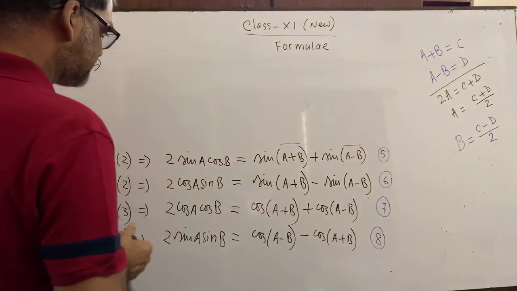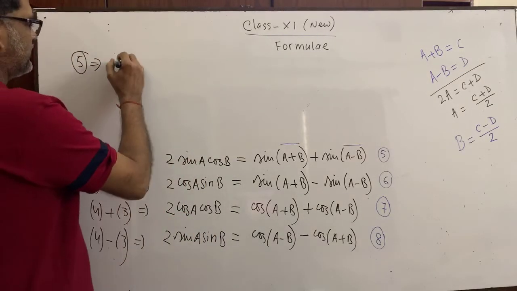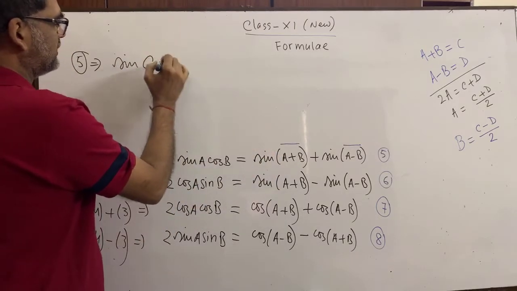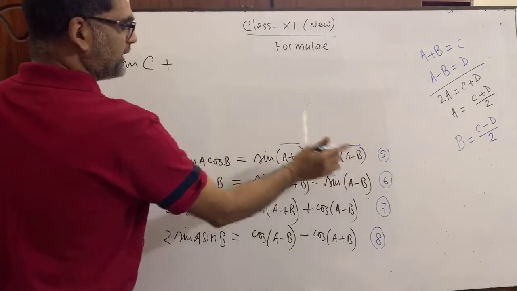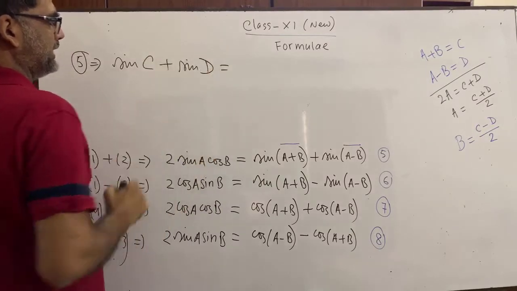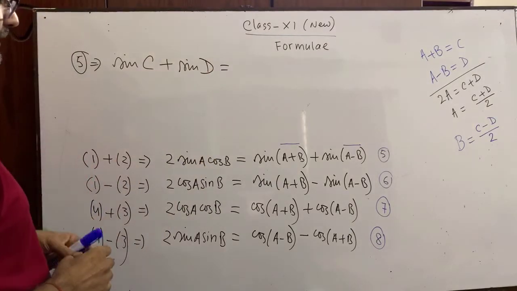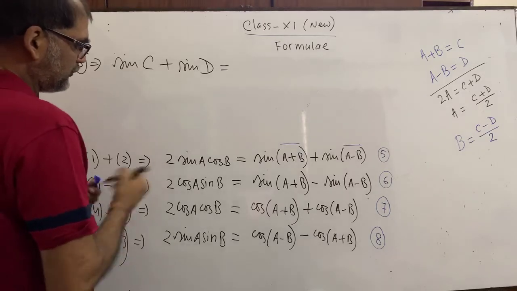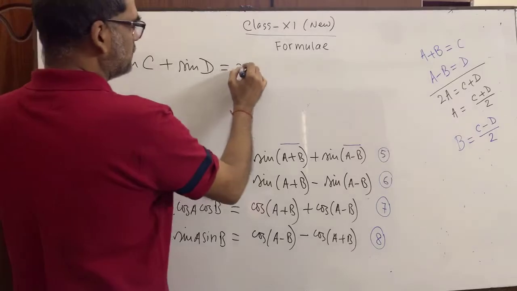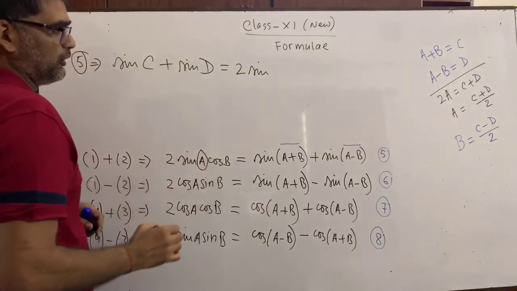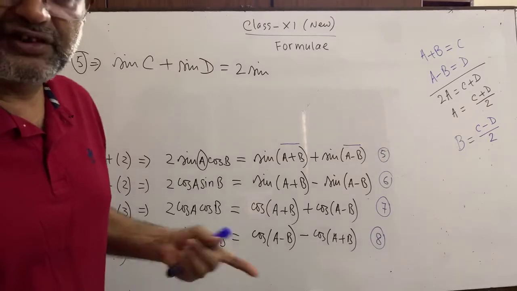Write down sin C plus sin D. I have written sin C plus sin D is equal to, you see, 2 sin A. And what is the value of A in terms of C and D?